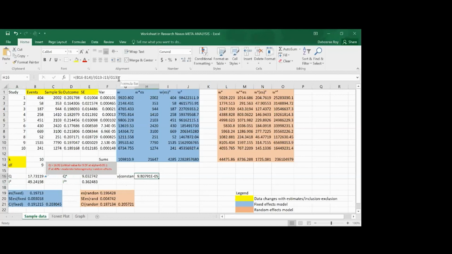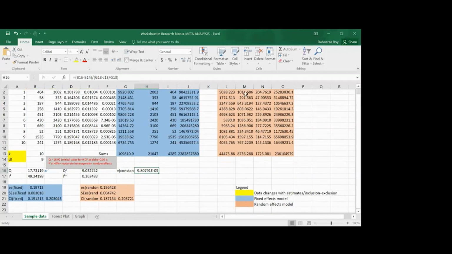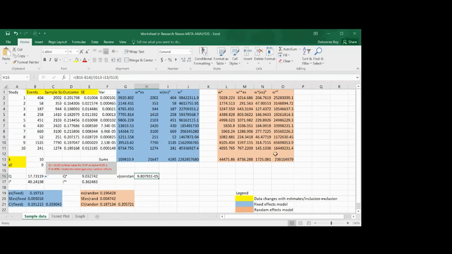The formula for the constant is shared in the formula sheet. You basically apply the same methodology as you applied for the fixed effects on the random effects table, and you get the necessary estimates.